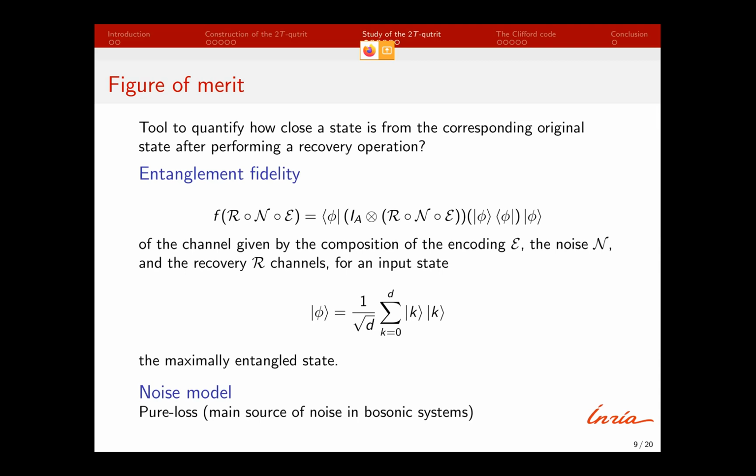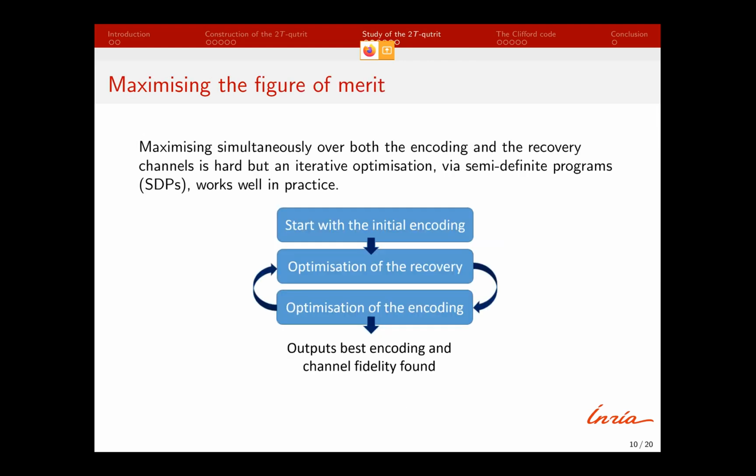And so the noise model that we've been considering was pure loss. We did also some simulations with dephasing, but mainly the noise channel was loss. A nice feature about the entanglement fidelity is that by solving some semi-definite programs, you can optimize on the recovery and also on the encoding.